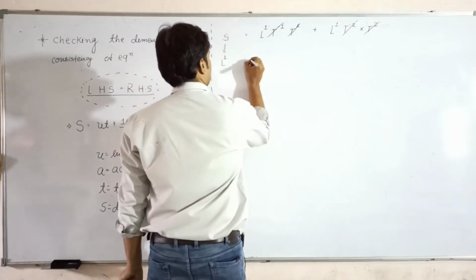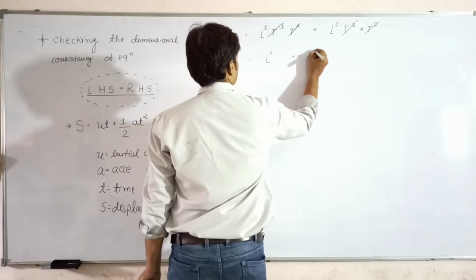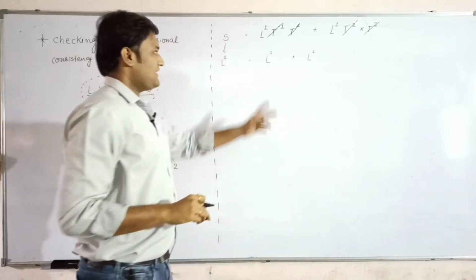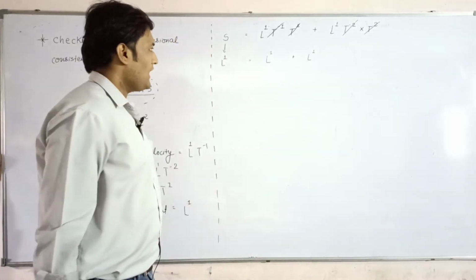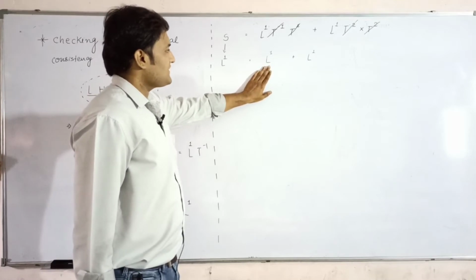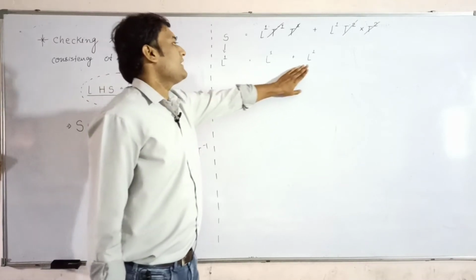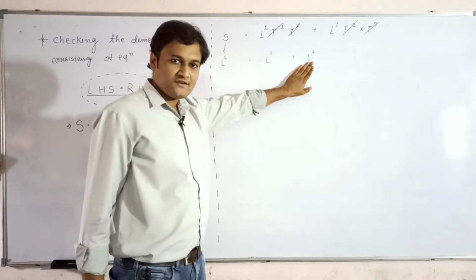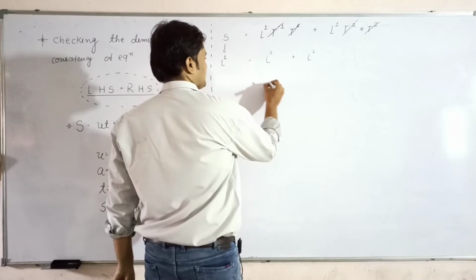So here L1 plus L1. Yes, there is some situation in the addition of dimensional formula, and here we can say that L1 is also distance, and L1 is also distance, so distance plus distance we can write is distance.